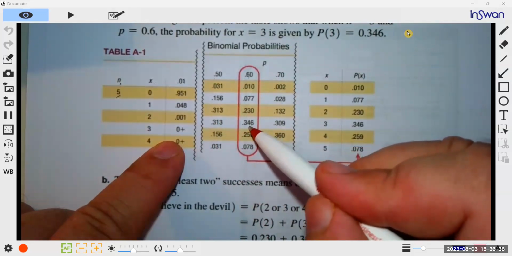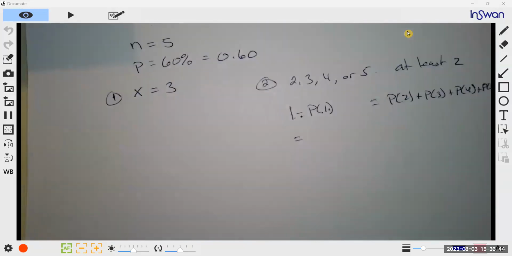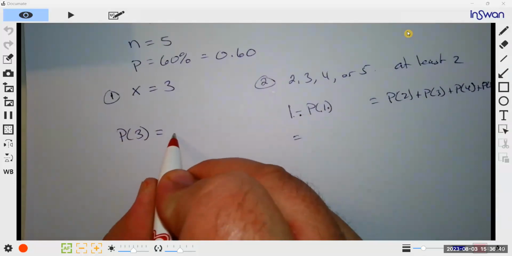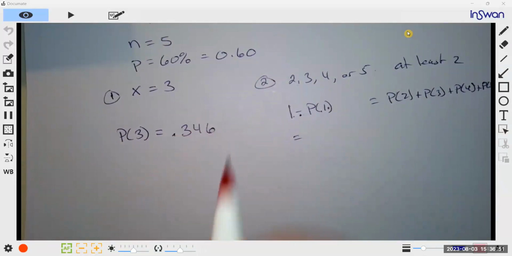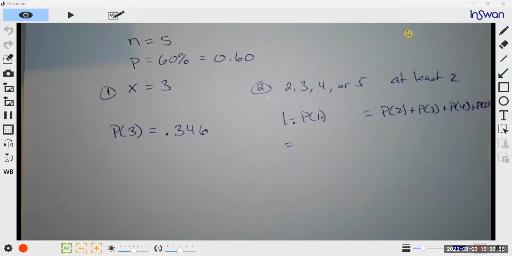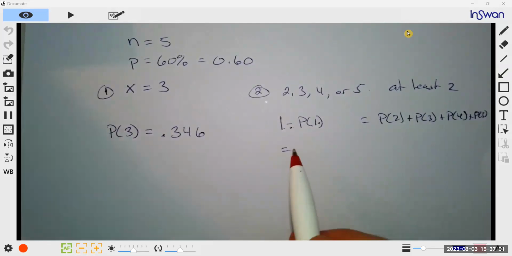So the probability is 0.346. So the probability of exactly 3 is 0.346.